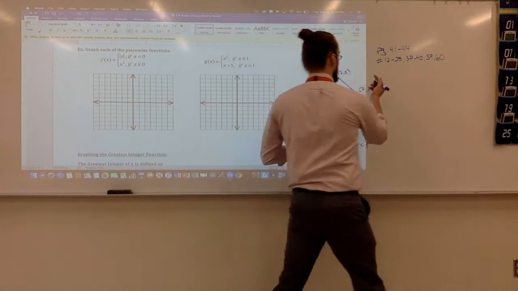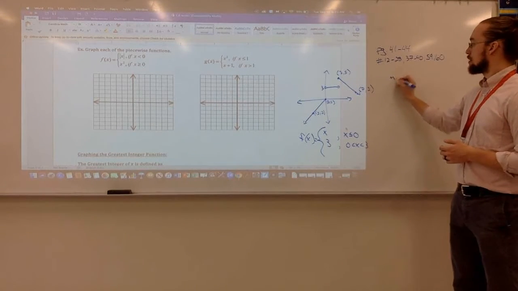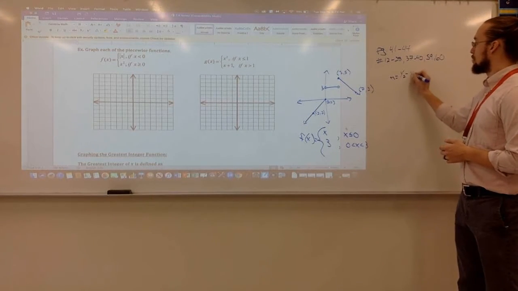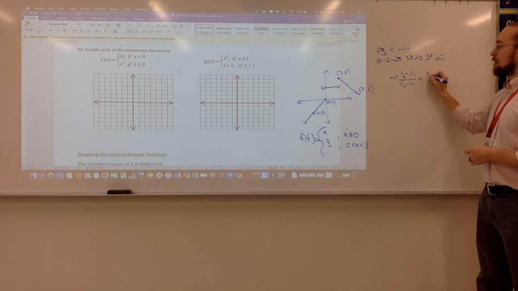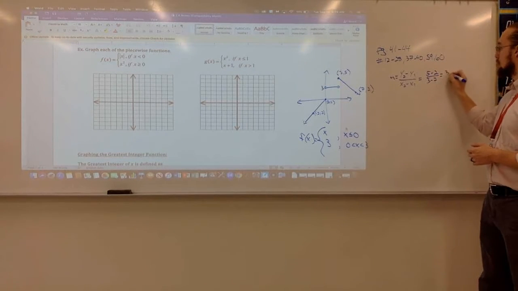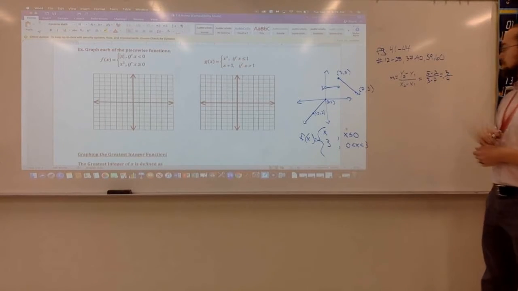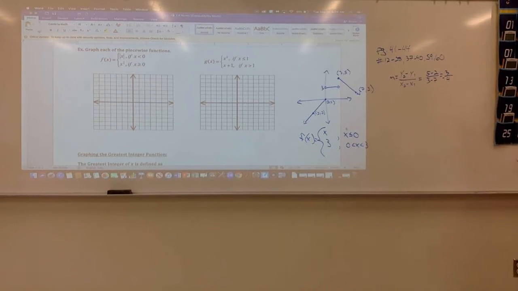My slope formula is y2 minus y1 over x2 minus x1. So 5 minus 2 over 3 minus 7. Slope of -3/4. So what do I do now?